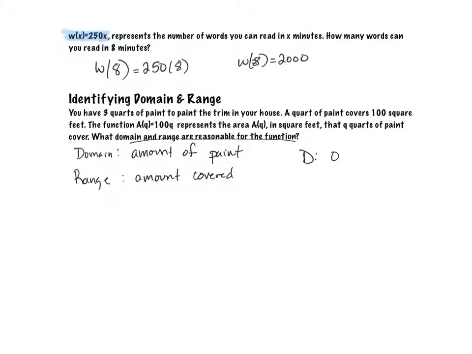So one of the ways we'll write this is 0 is less than or equal to x. But what's the largest amount of quarts of paint that I can use? Alex, what's the most quarts of paint that I can use? 3. So my domain has to be between 0 and 3.